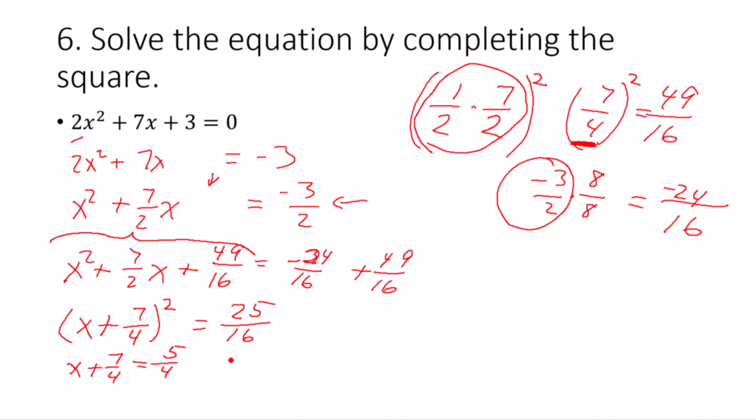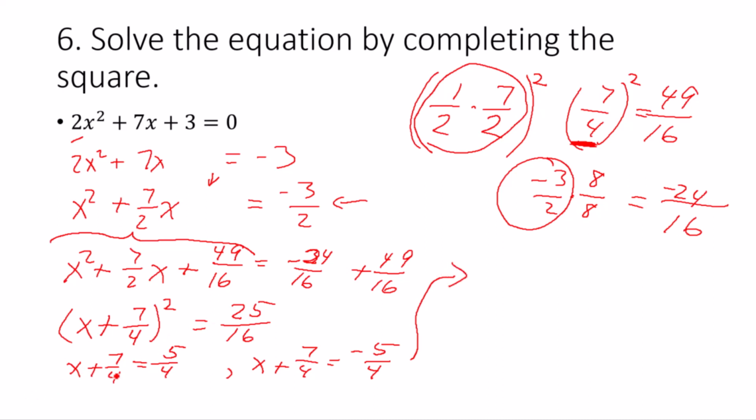Now, before I forget it, I also have to say x plus 7/4 could be a negative 5/4. And finally, solve those.